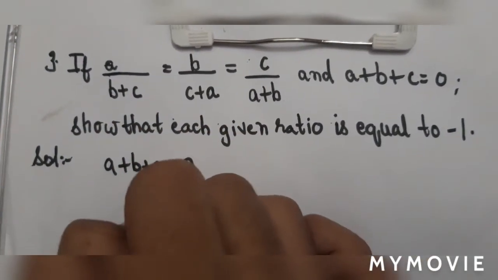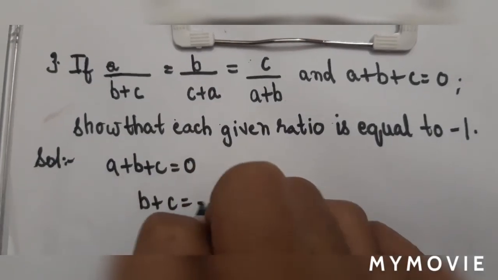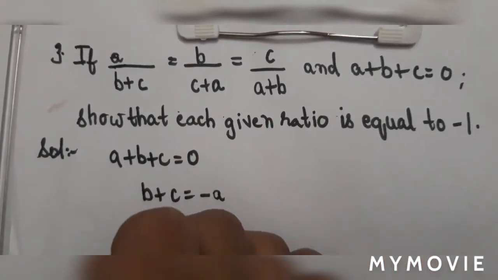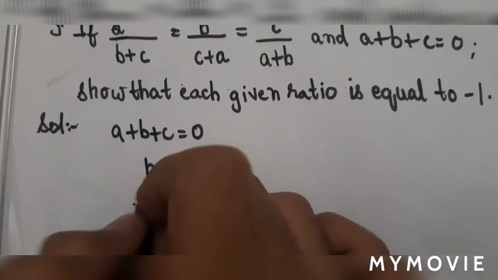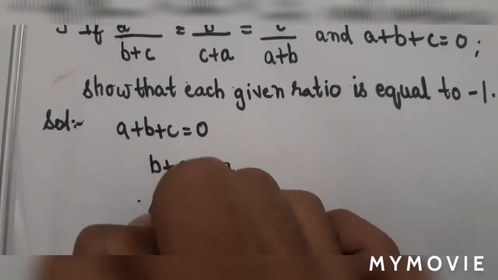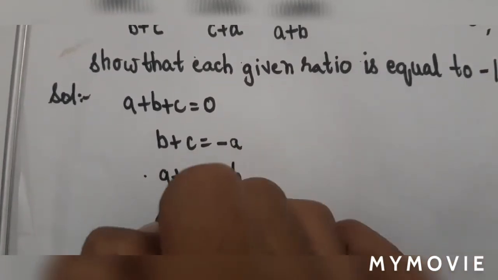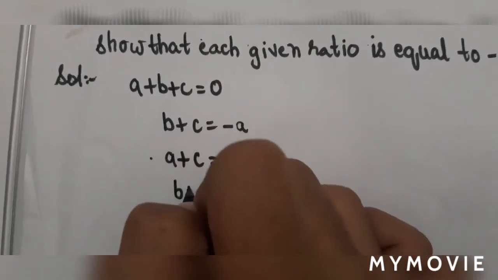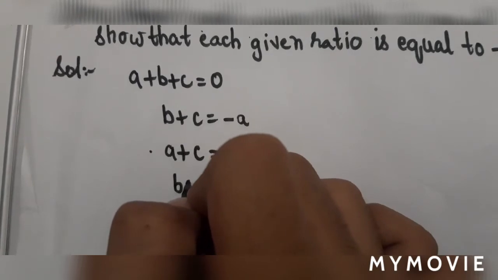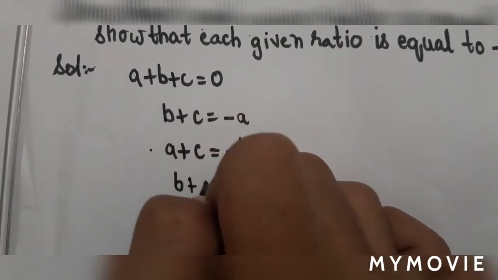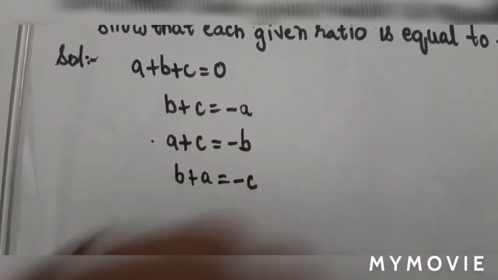So B plus C is equals to minus A and A plus C is equals to minus B and B plus A is equals to minus C.